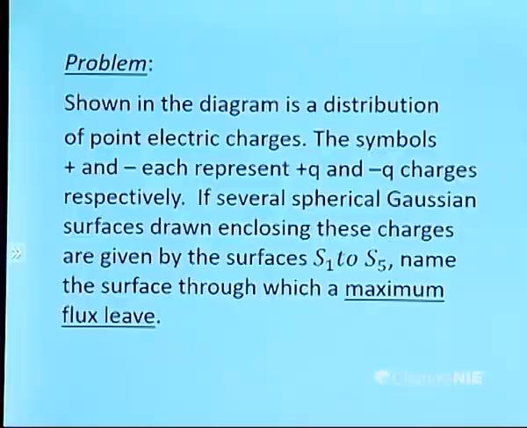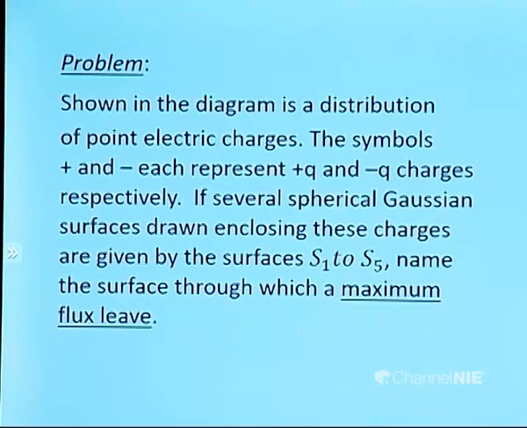Several spherical Gaussian surfaces are drawn enclosing these charges, represented by S1 to S5. Name the surface through which maximum flux leaves. So, there are two words to consider here: maximum flux, leave.